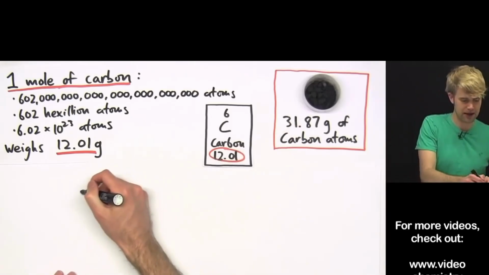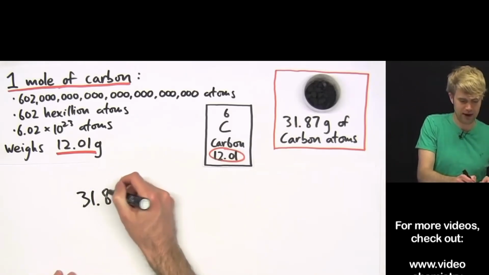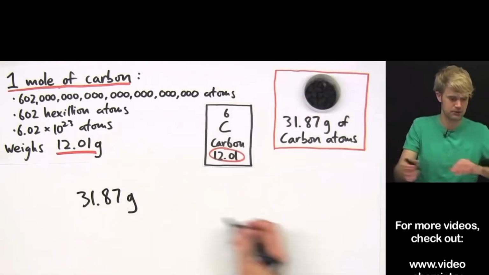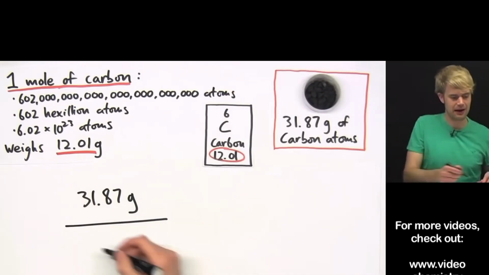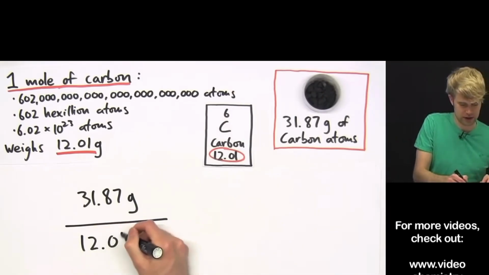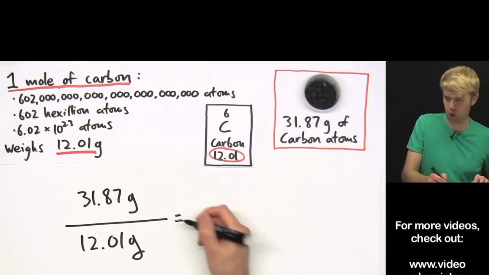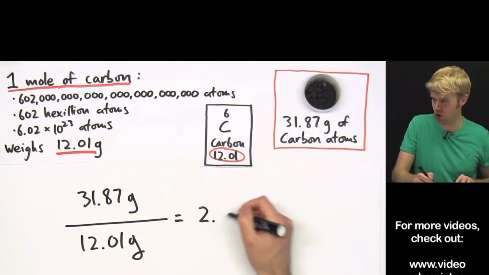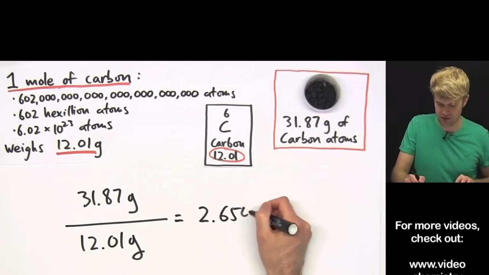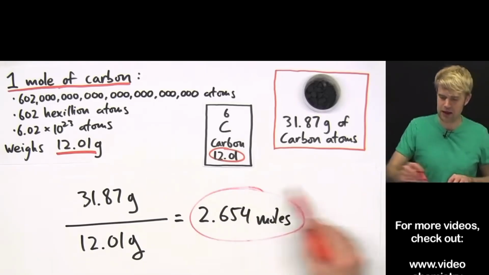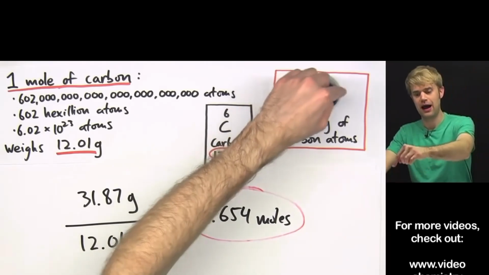We'll do that by taking 31.87 grams, the total mass of carbon atoms here, and divide that by 12.01 grams, which is how much 1 mole weighs. And when we do that, we get 2.654 moles. So that is how many moles of carbon I have in here.